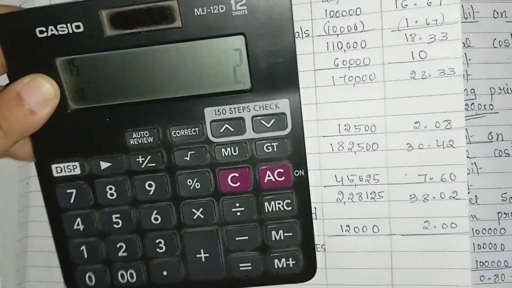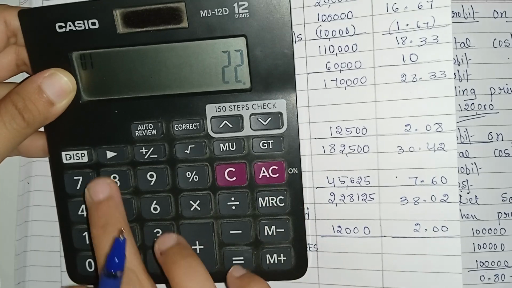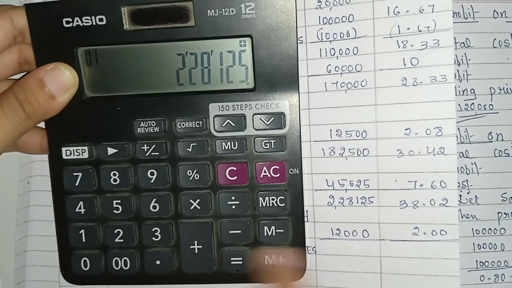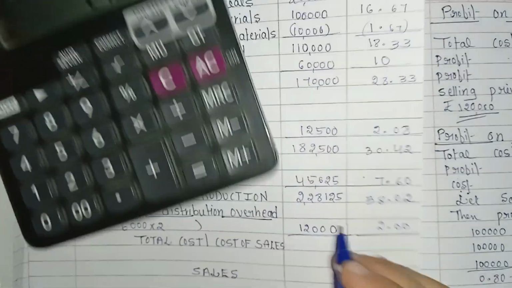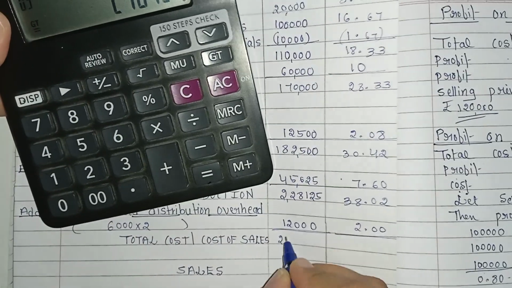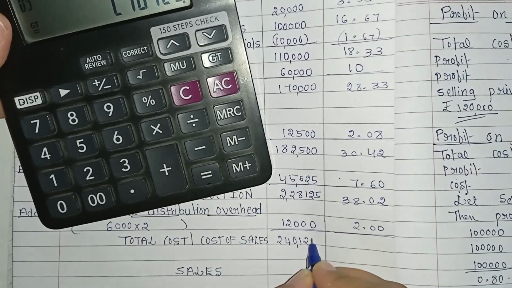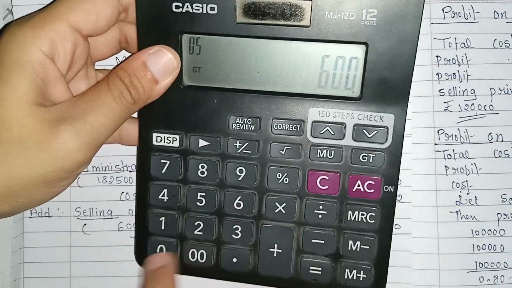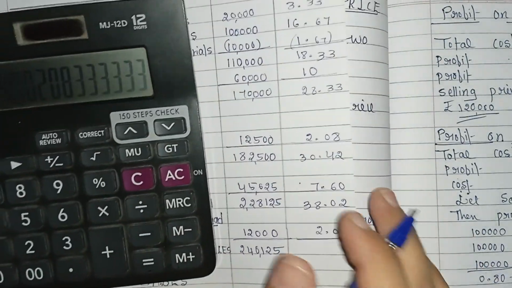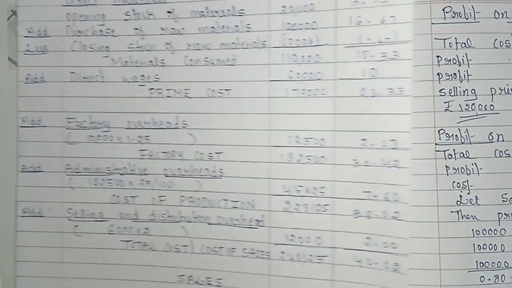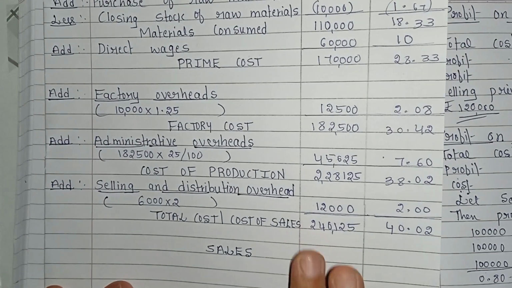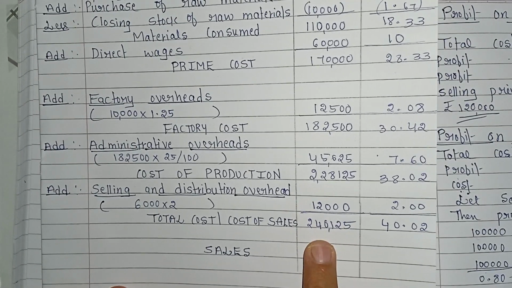So add cost of production 2,28,125 plus 12,000, and our total cost or cost of sales is 2,40,125, divided by 6,000 units, 40.02. 40.02 is our cost per unit. This is our total cost.